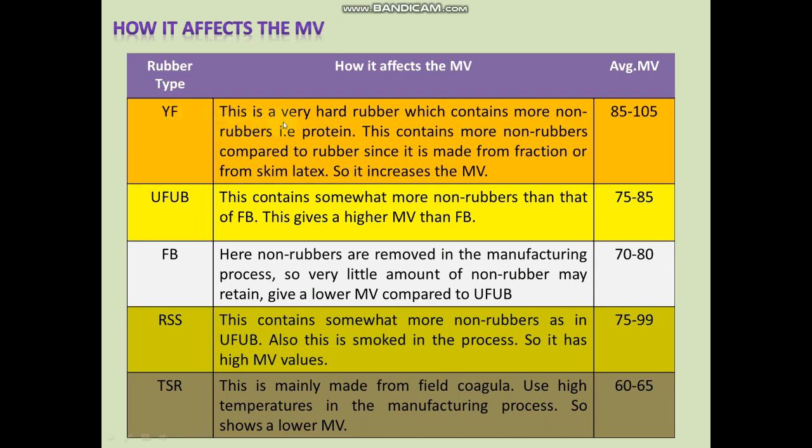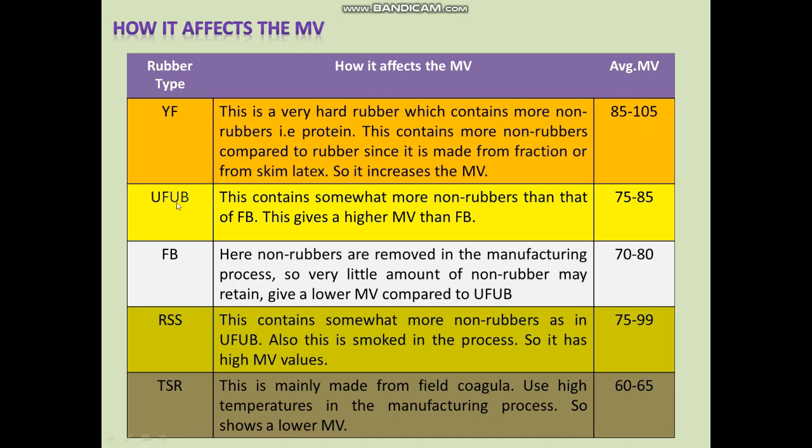Compared to other types of rubber, the yellow fraction contains somewhat less rubber, because yellow fraction crepe rubbers are mainly made from the skim latex and the fraction taken from the fraction bleached crepe rubber manufacturing process. Normally the average Mooney viscosity of YF ranges from 85 to 105.